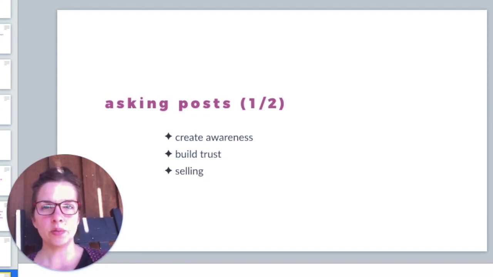But you cannot have a business without also asking. So this piece is either going to be creating awareness, which looks like either talking about what you do or what you have for sale. You might be building trust by showing them your process or what it looks like when they buy from you. And you might also just be selling. Sometimes selling doesn't necessarily have to mean, hey, buy my thing, but it's sign up for my newsletter, follow me, check out this piece on my website, share me with a friend.